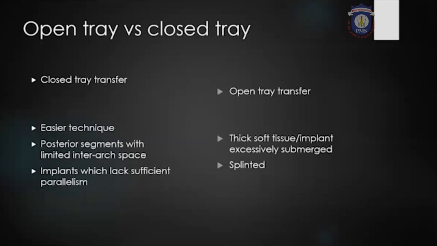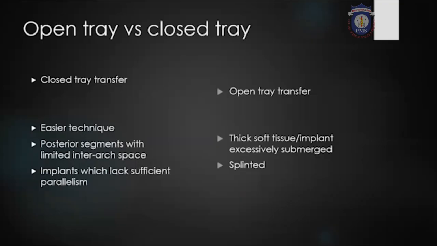Now, coming to the advantages of an open tray transfer, when you have thick soft tissue, or if the implant is excessively submerged, it is better to go with an open tray transfer.